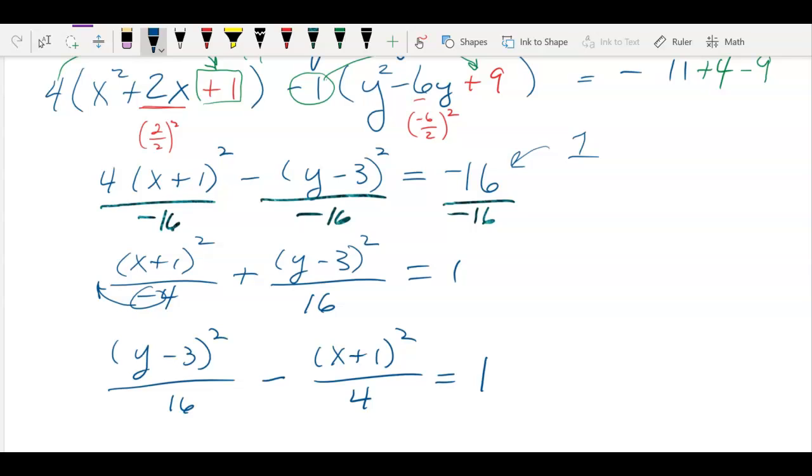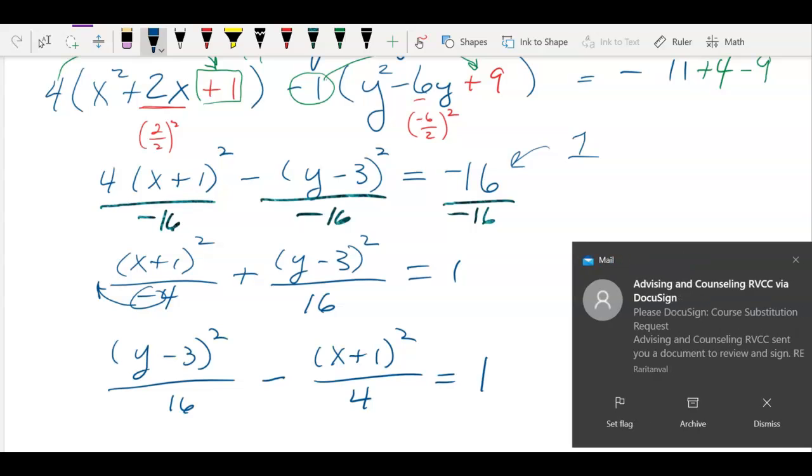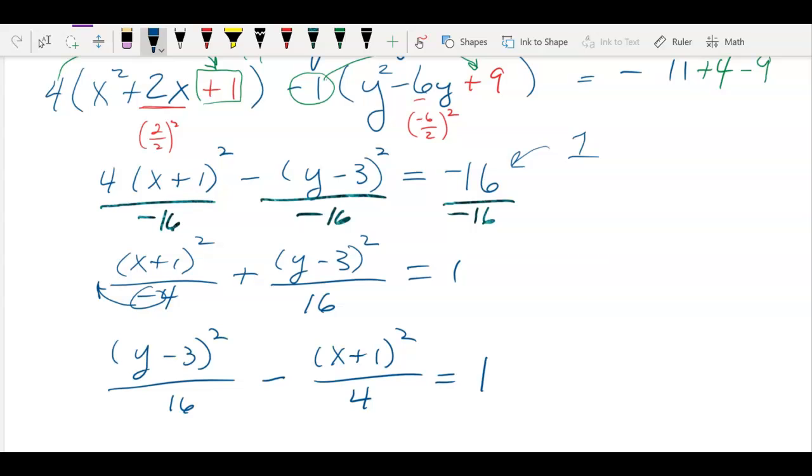From there, you can proceed with your hyperbola. So you can tell right away this is a hyperbola, because the negative is in front of the x term. I'm not going to draw the whole thing, but we're looking at a center at -1, 3, with a vertical transverse axis.